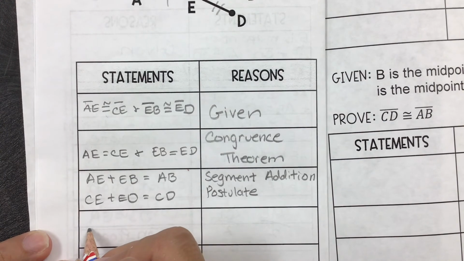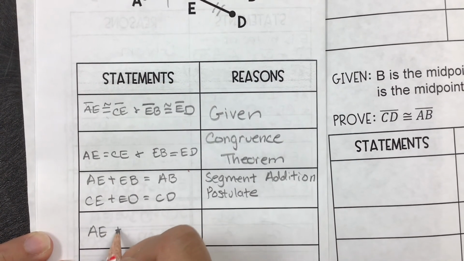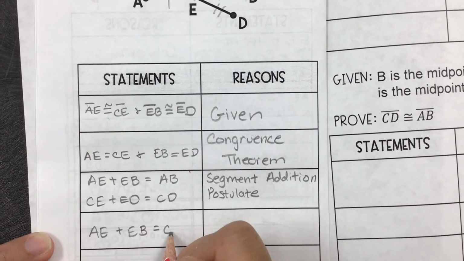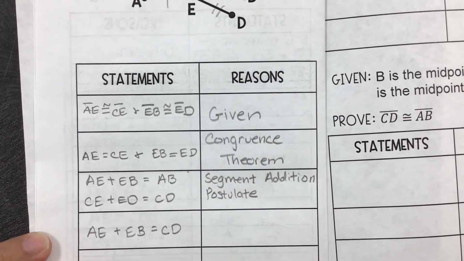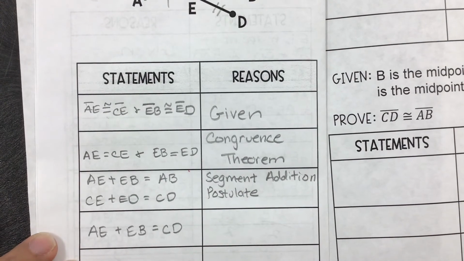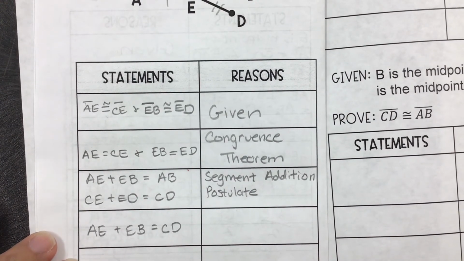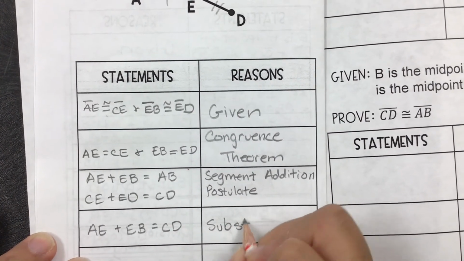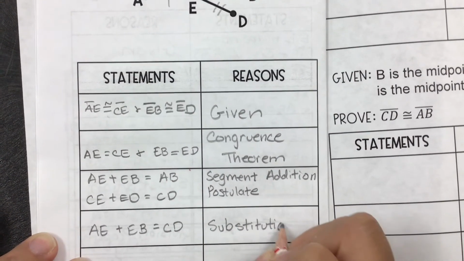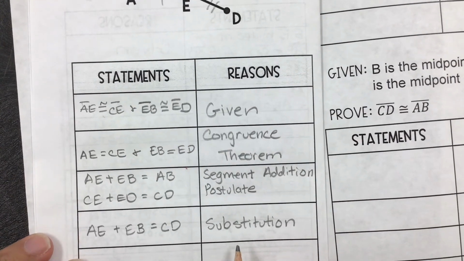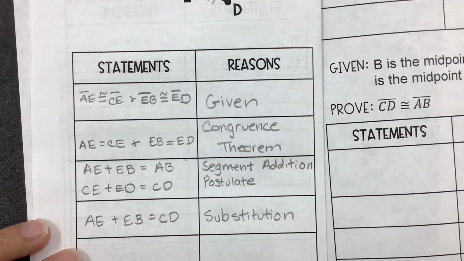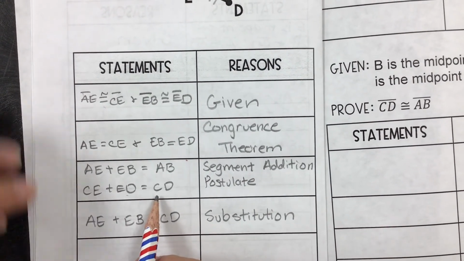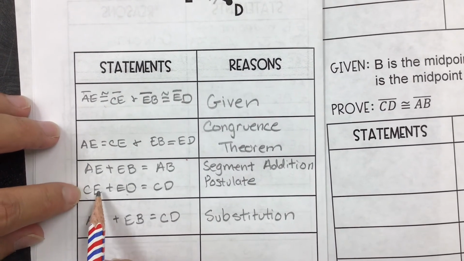Now I can write AE plus EB is equal to CD. And what I did was substitution. It was substitution from this second equation. And what I did, instead of writing CE, I wrote AE.